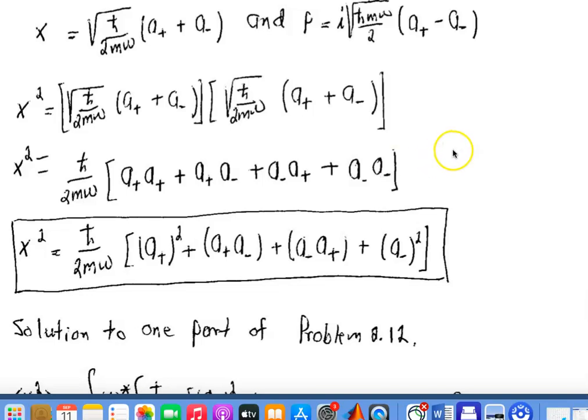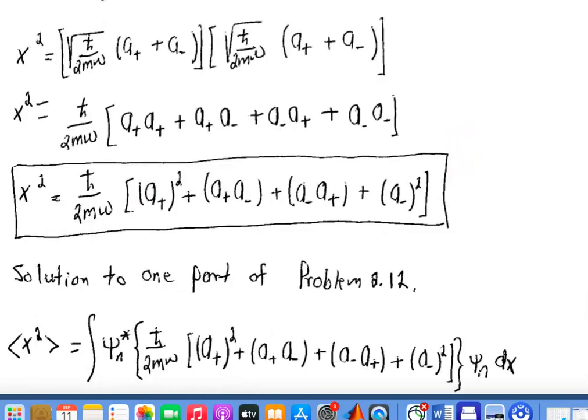So that's what you have, and you can write it in better looking form. This is really a sub plus squared, plus a sub plus times a minus, plus a sub minus times a plus, plus a sub minus squared.